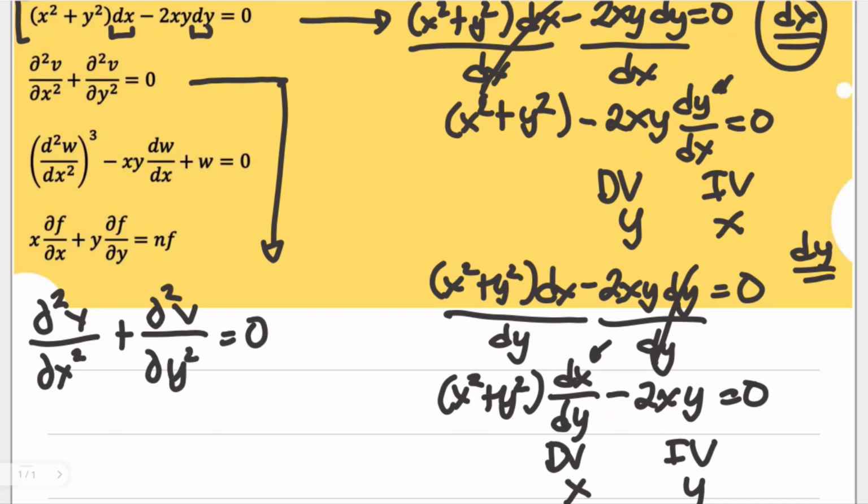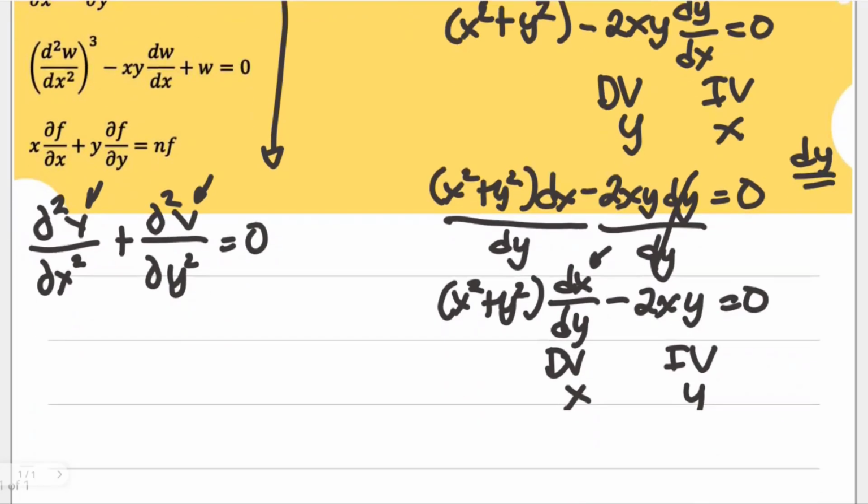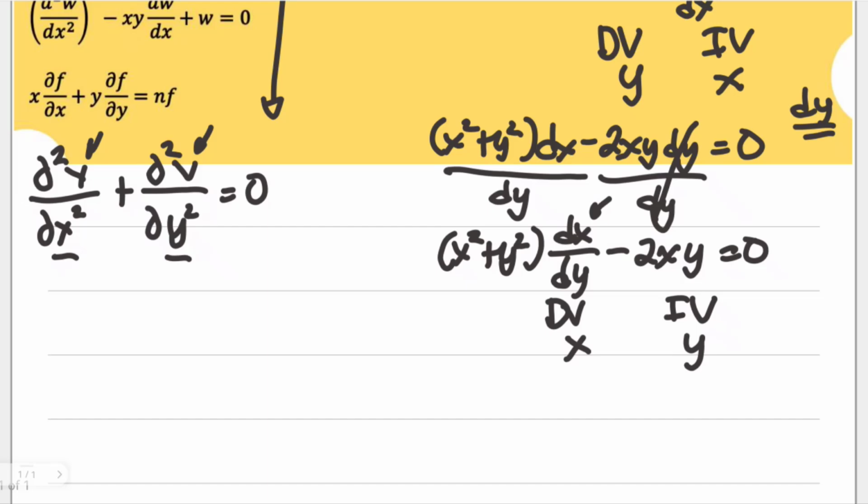We can see the presence of v here, but we have different variables. This is the instance where we have one dependent variable, which is v, but we have two independent variables, x and y, because we take the second-order derivative of v with respect to both x and y for this given differential equation.